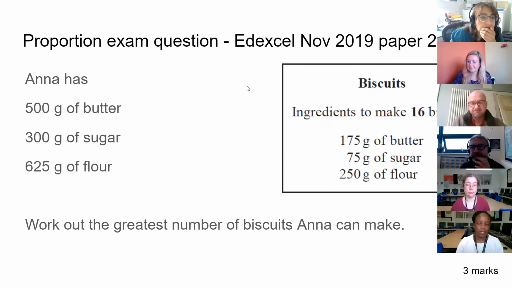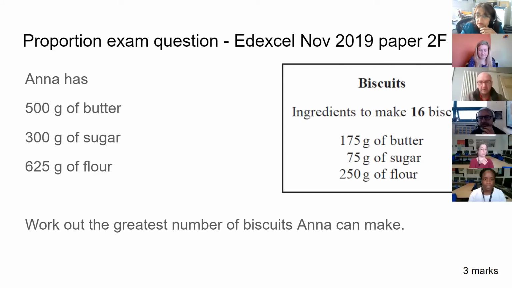So here's a proportion exam question. This is not a straightforward proportion question, but I'd like you to have a go and just have a think about what mistakes students might have made during this question. It's 3 marks. I'll give you a minute to try this question.